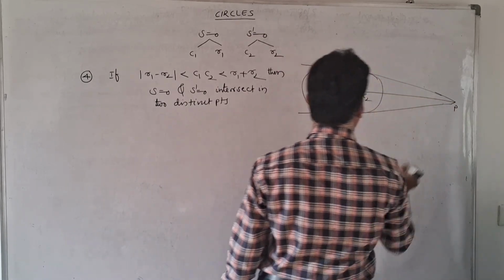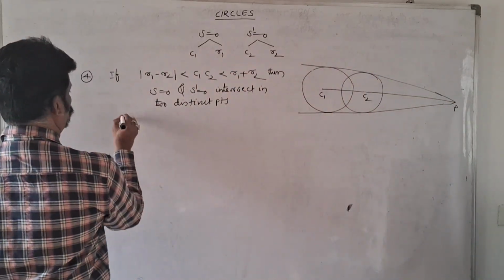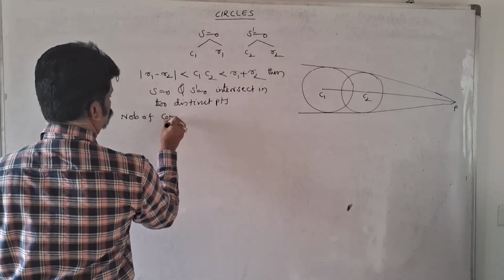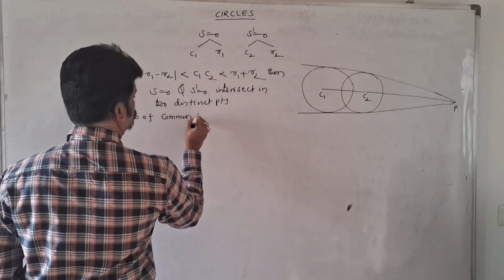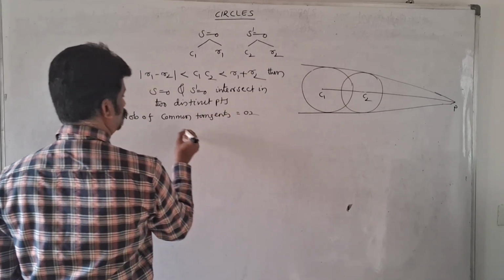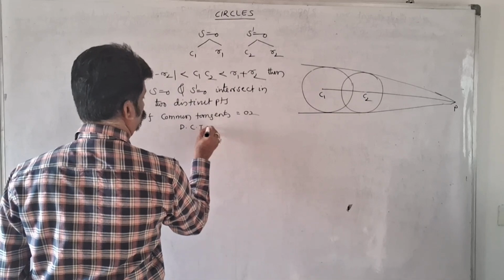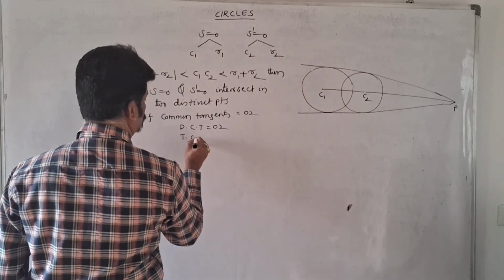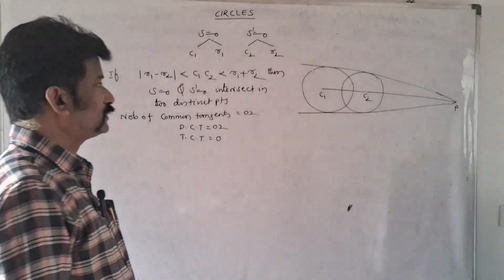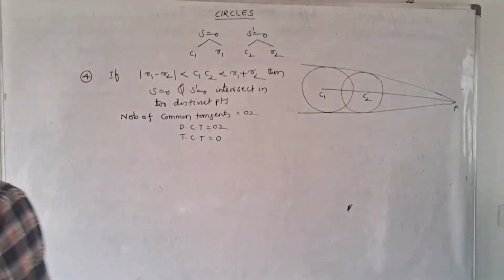This is point P. The number of common tangents is equal to 2. So DCT 2 and TCT 0.